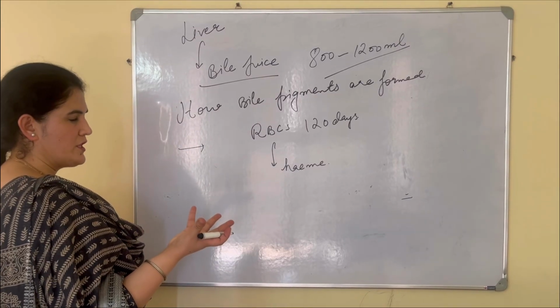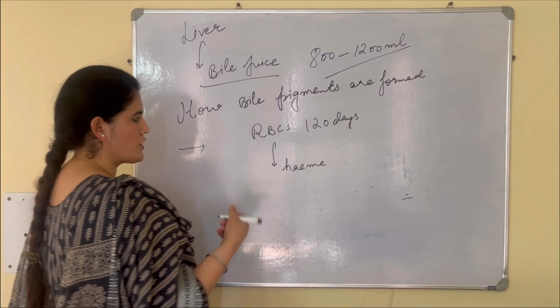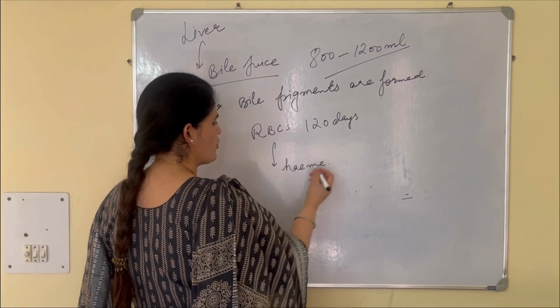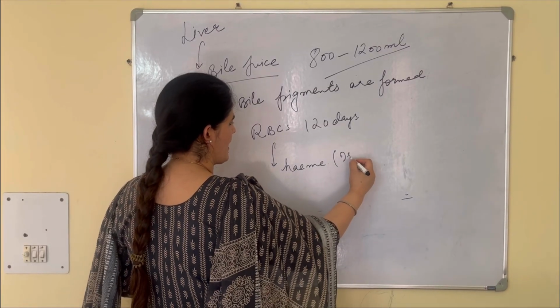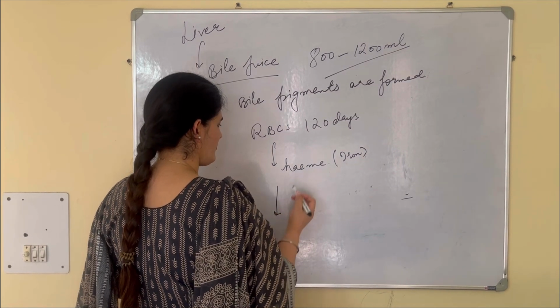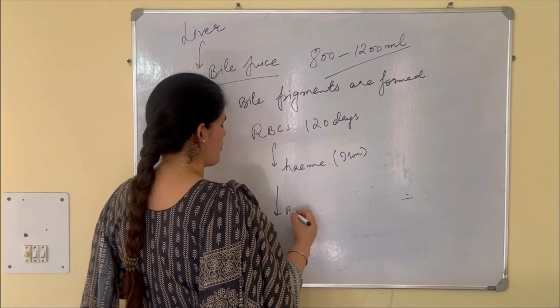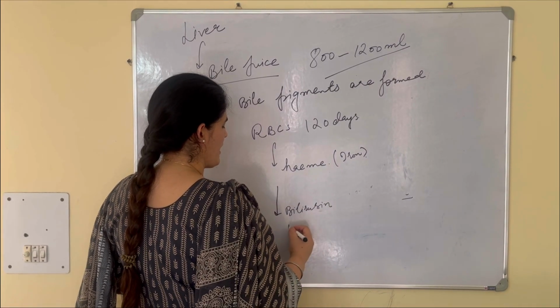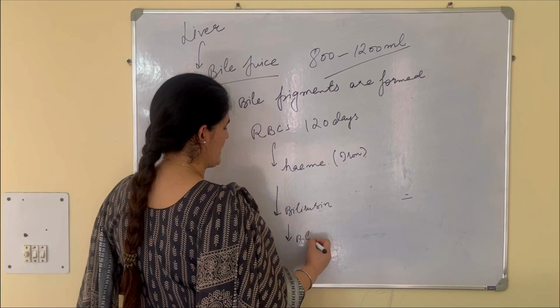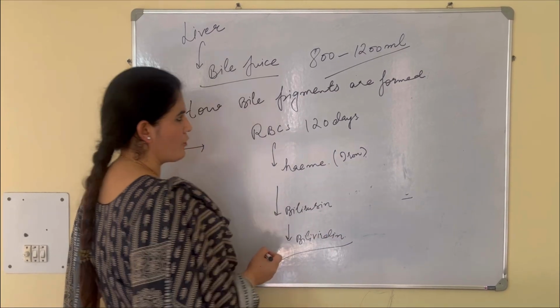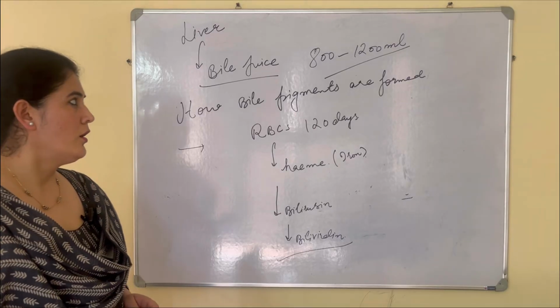Heme is the pigment which gives red color, that is hemoglobin, and it contains the iron group. This heme forms bilirubin and then biliverdin. These pigments are formed from the RBCs.